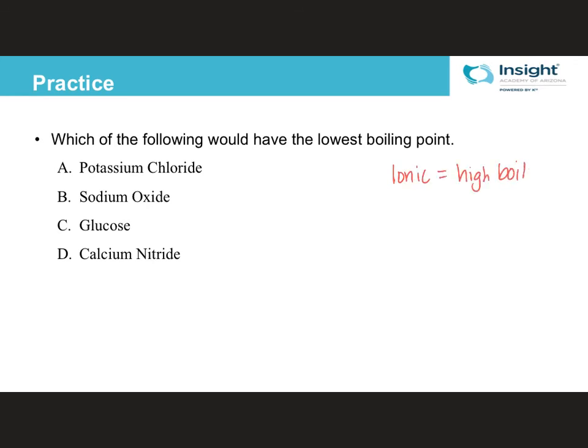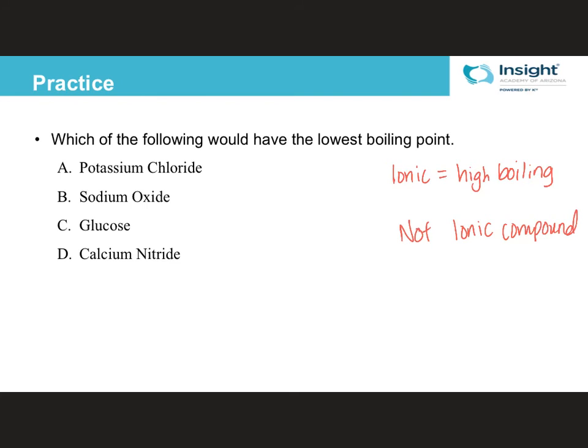So what we're really looking for is something that is not an ionic compound. Now, there are a couple of different ways you can go about this. We haven't covered the other types of compounds yet, like covalent bonding.